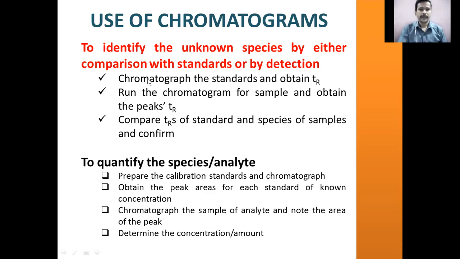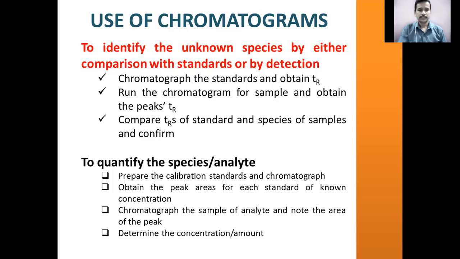Okay, how do we identify? Say, for example, if you use a mass spectrometric detector, as you know, a detector will be placed at the end of the chromatographic column. During the separation, solutes will reach the detector.